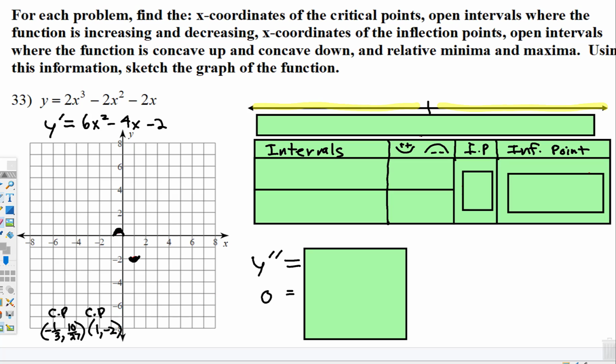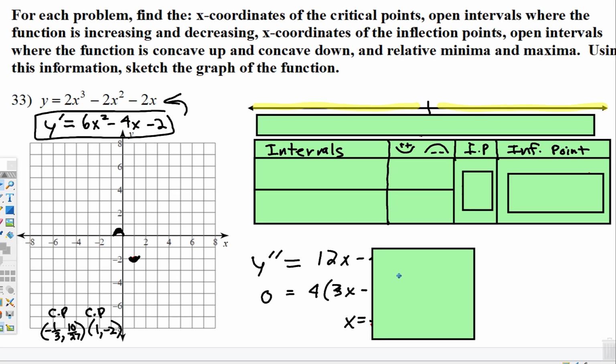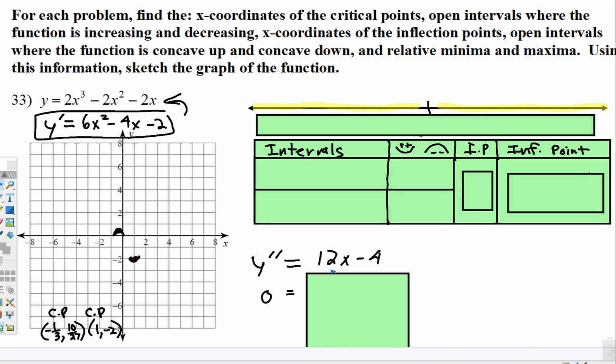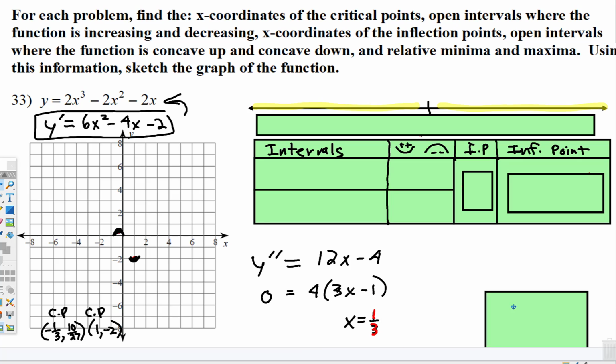All right, so to find the concavity, we take the second derivative. So here's the first derivative of this function. We take the second derivative. So the second derivative is 12x subtract 4. They both share a 4, so we're going to factor out a 4, leaving 3x subtract 1. That means the x value will be positive 1/3.